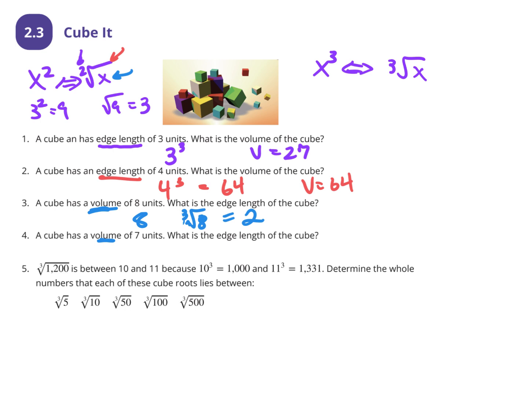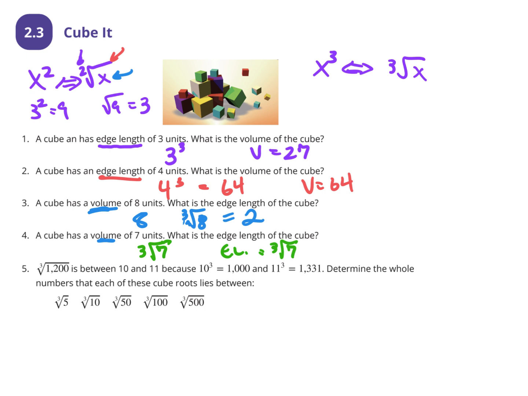So to get side length, you have to take the cube root of 7. 7 is not a perfect number, so we're going to leave the edge length as the cube root of 7 because it's a long irrational number that never stops and never ends. For number 5, the cube root of 1200 is between 10 and 11 because 10 cubed is 1000 and 11 cubed is 1331. Determine the whole numbers that each of these cube roots lie between.